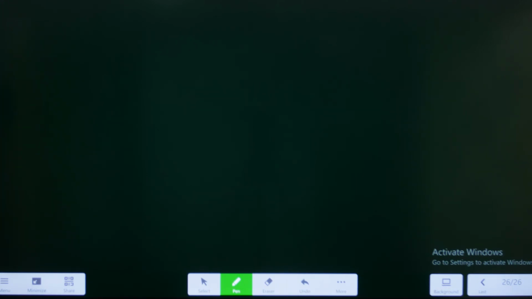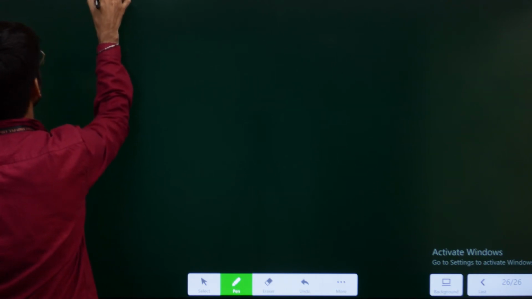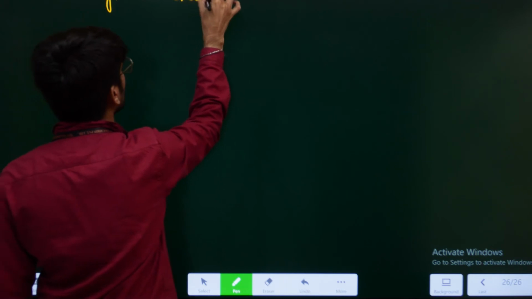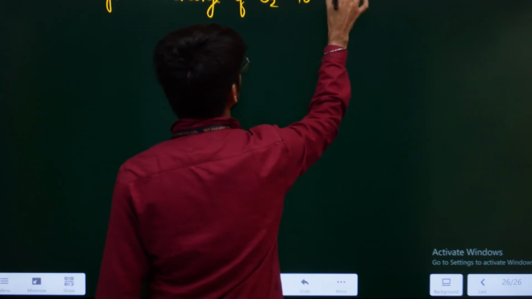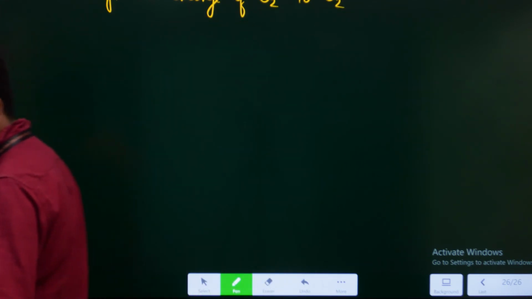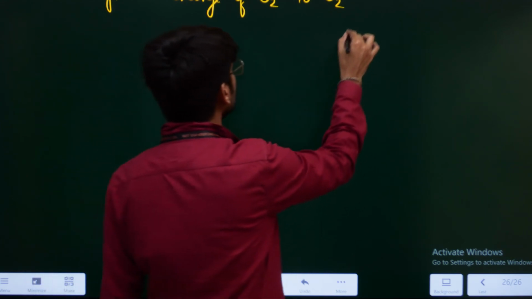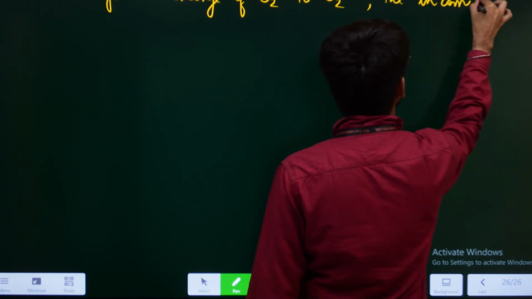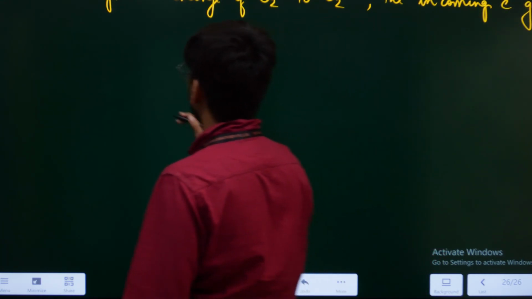Among the following, during the change of O2 to O2 negative, the incoming electron goes to the orbital.